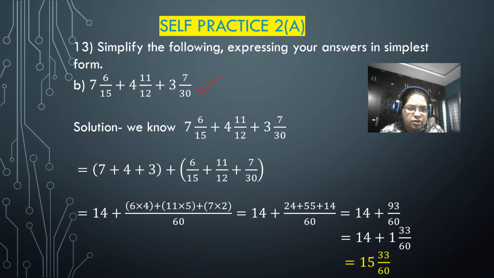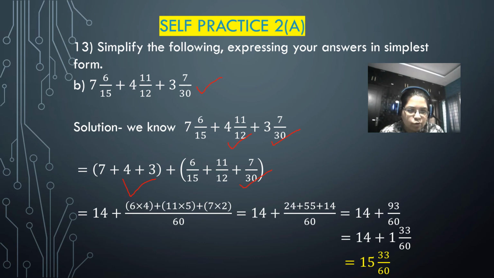So add the whole parts separately, that is 7 plus 4 plus 3. This is the addition of whole numbers separately, and 6 divided by 15 plus 11 divided by 12 plus 7 divided by 30 is the fractional part, and we have to add these proper fractions separately.